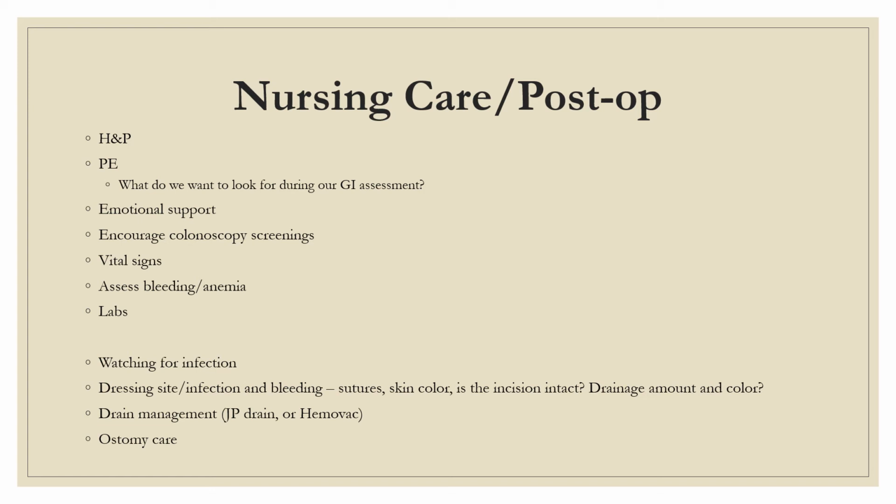Is it a rose color, brick red, pale? Is it blanching? Is it edematous? Is it a really dark red or purple? Is there bleeding coming out of the ostomy? How's the stool consistency when they do start to make stool? Doing ostomy education too. That's a big one for patients with new ostomies.